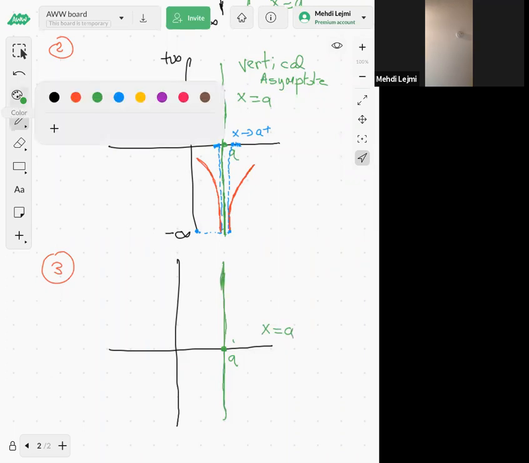So on one side, let's say the left side, my graph is close to my vertical asymptote, but it's at positive infinity. And on the right side, it's at negative infinity.